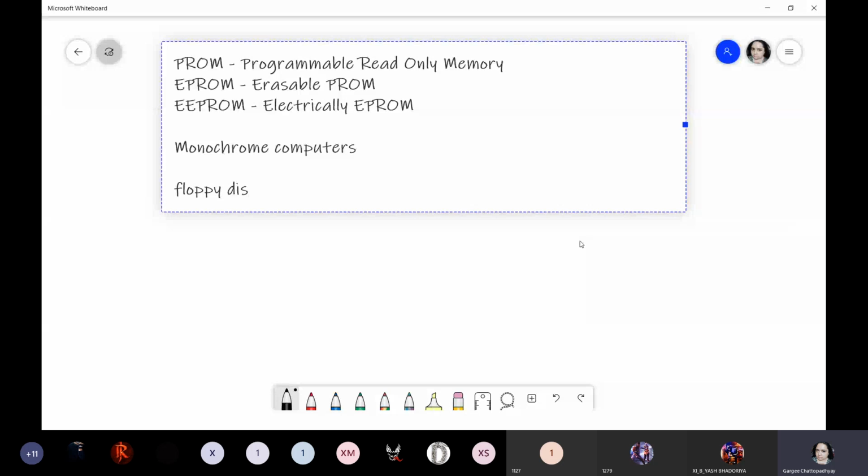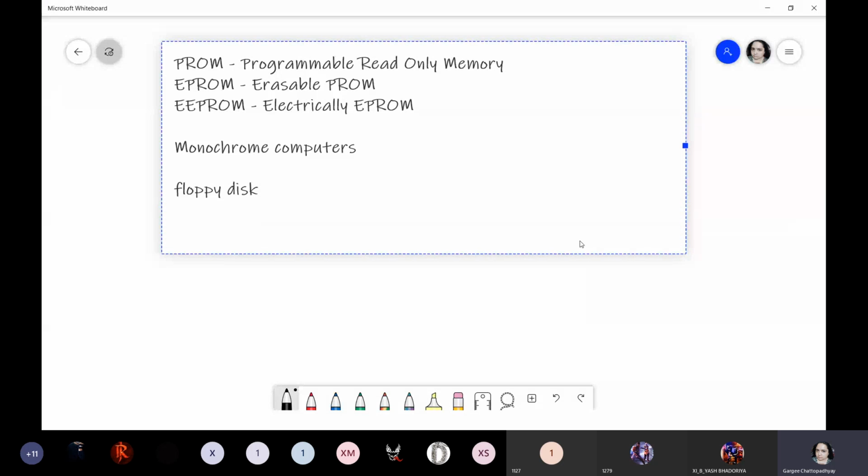Everything was to be saved on a floppy disk, and we even had a bootable floppy disk which was inserted into the CPU, and only once it was inserted, then you would get the operating system, which was usually DOS, that is disk operating system. Then you work on DOS, you save your program, and whatever you save would be saved in your floppy disk only.